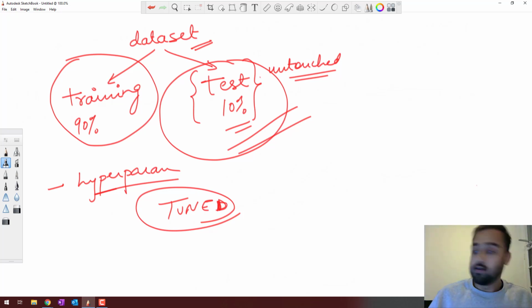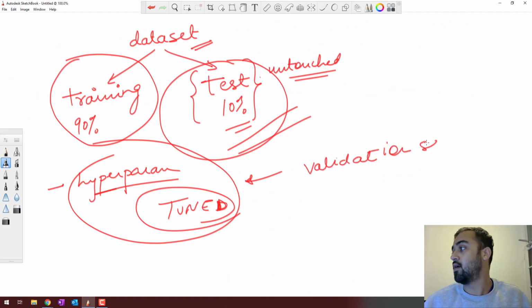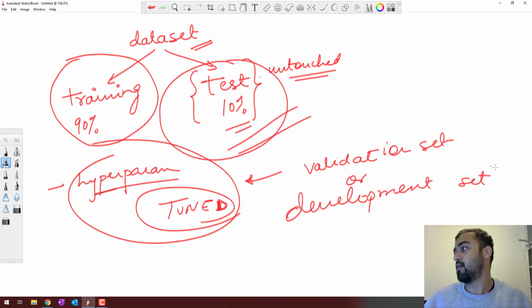So for the tuning of these parameters, what we do is we use a validation set or development set, right?